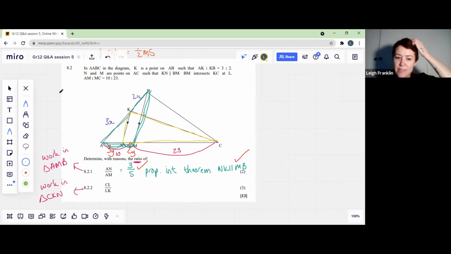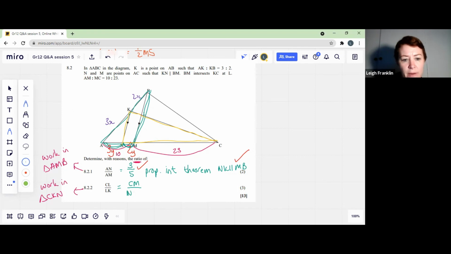All right, so now this is out of 3, so there's obviously a little bit more that needs to be done in this situation. So CL over LK is equal to CM over NM.